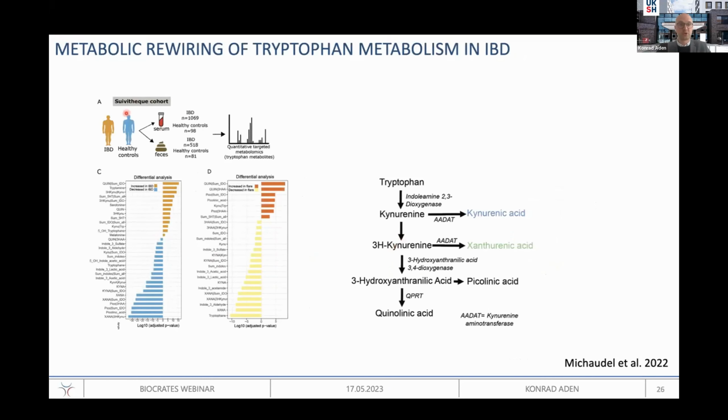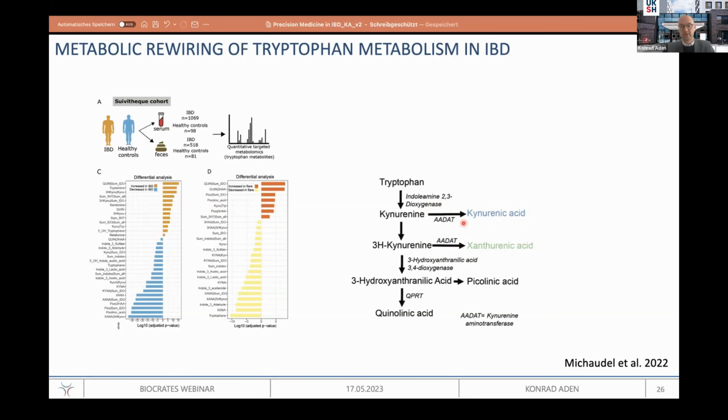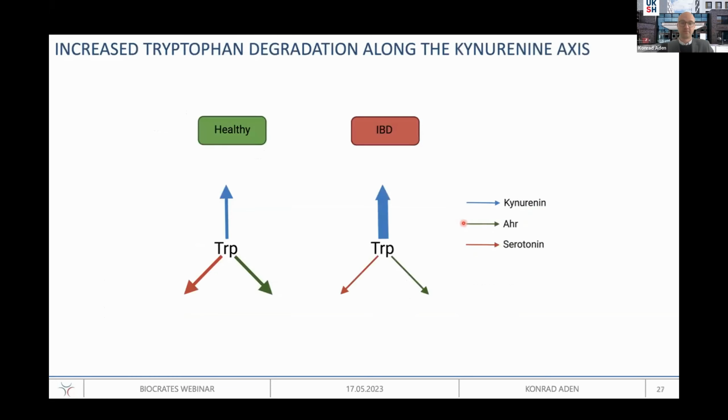It has also been previously shown that the metabolic rewiring of tryptophan metabolism occurs at several steps of this tryptophan degradation pathway, as, for example, the decreased bioavailability of two metabolites, kynurenic acid and xanthurenic acid, which are both generated by this AADAT enzyme, lead to increased disease severity in IBD.